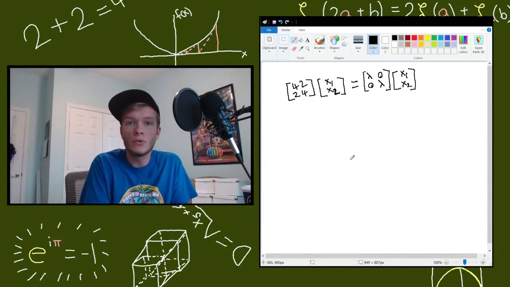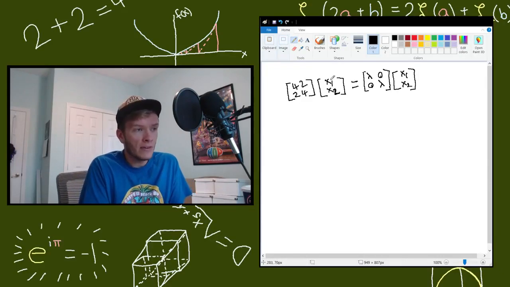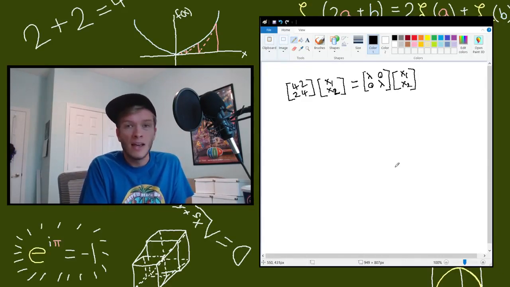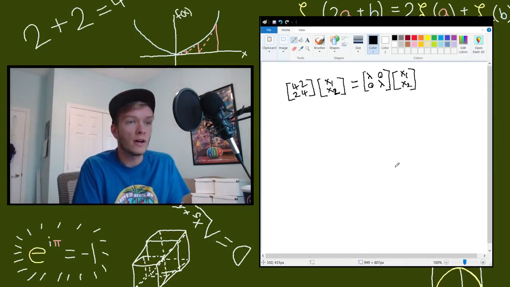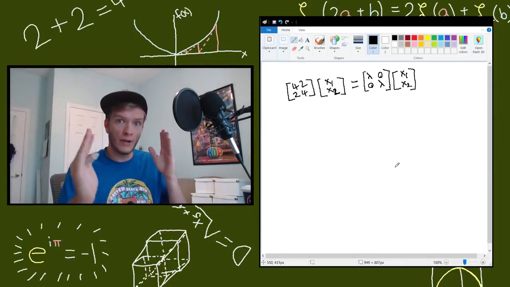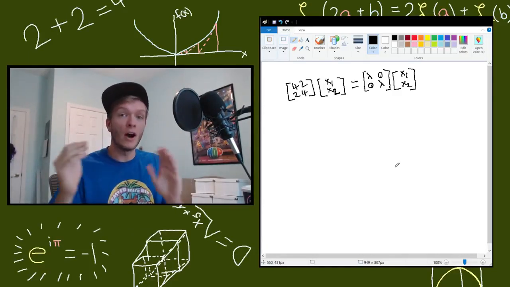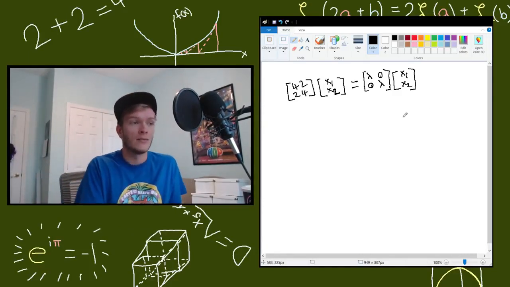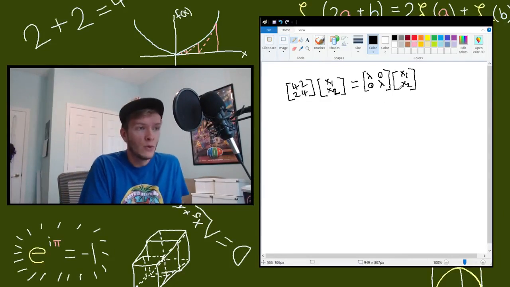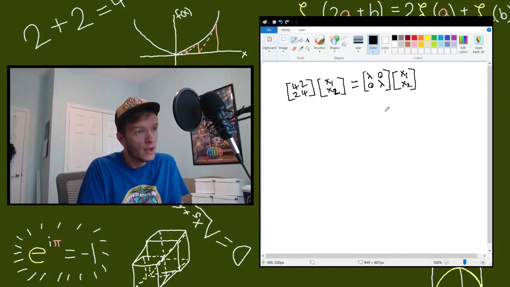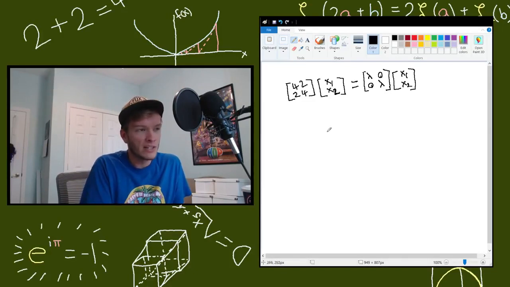So what would you do now? Well, we have this x vector on both sides, and we need to get all of the x vector to one side and the other values to the other side. In this case, when we move this to the other side, we are going to have a 0 vector over here. So that's something to keep in mind.